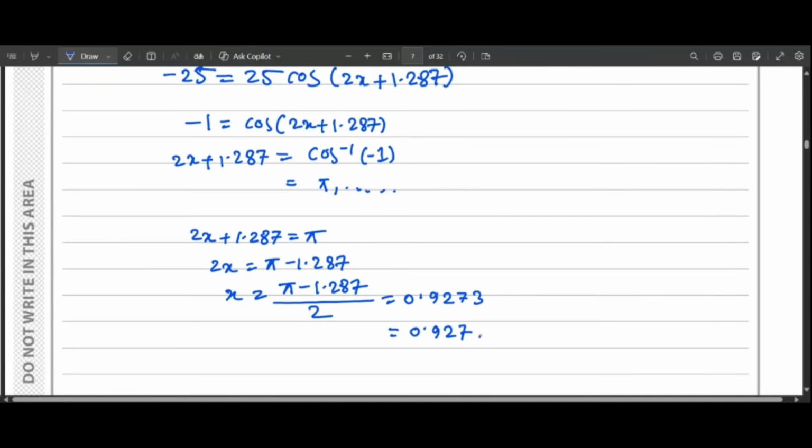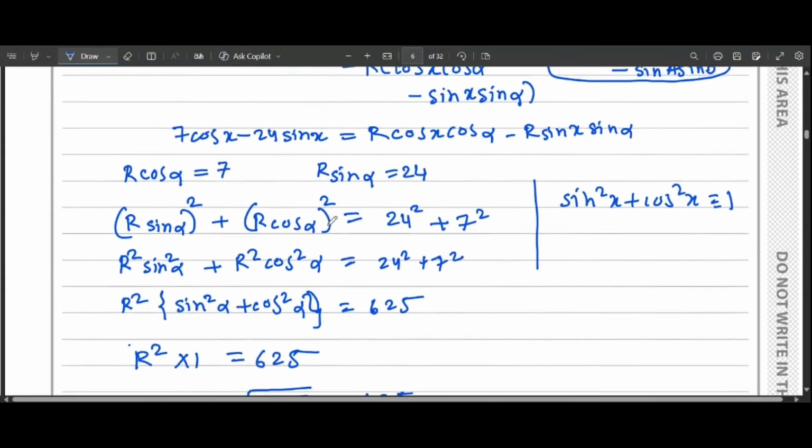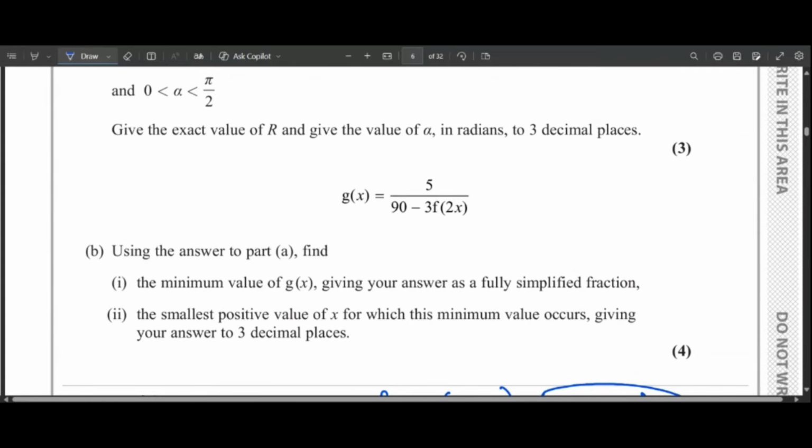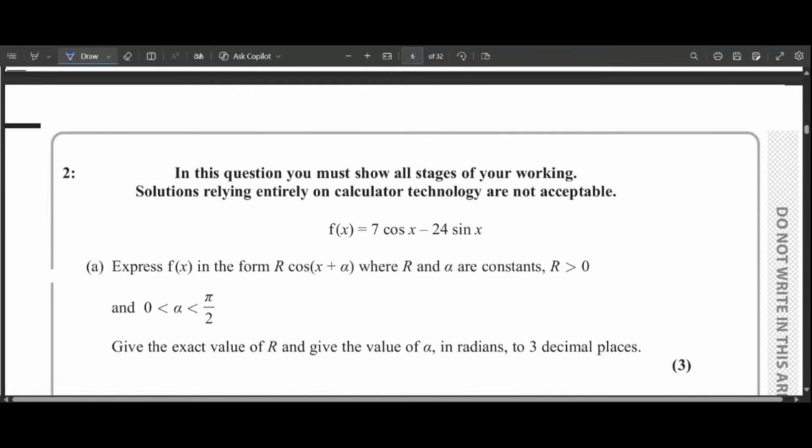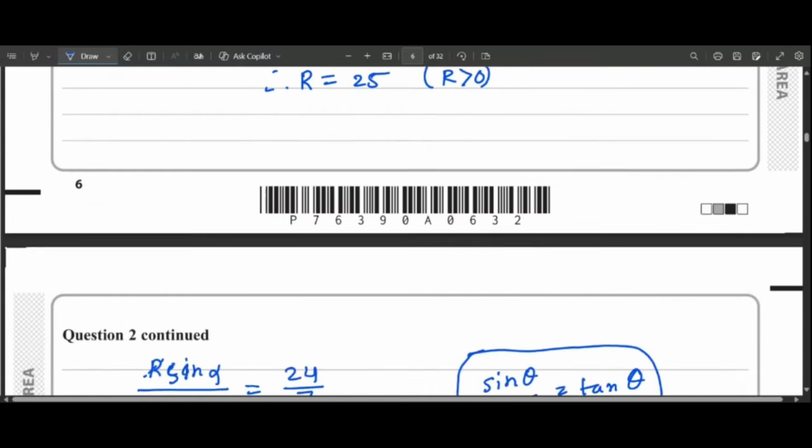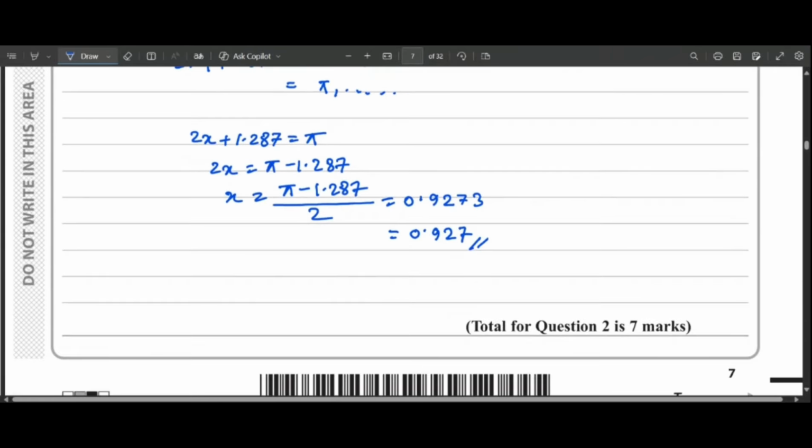So our answer is 0.927. X is 0.927. So this concludes our question number 2. We can now move on to the next question.